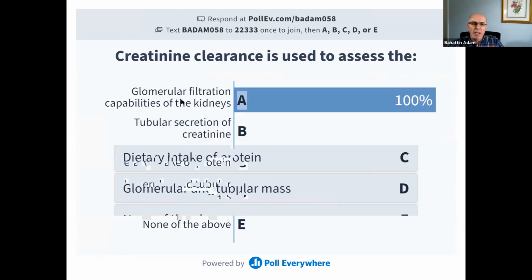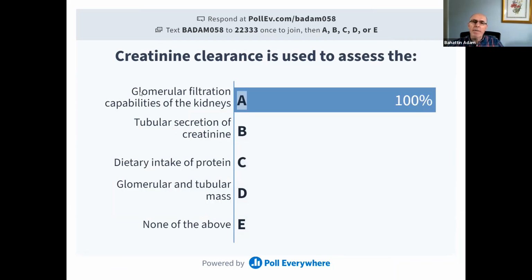Glomerular filtration function is the correct one. Creatinine clearance is an indicator of glomerular function.